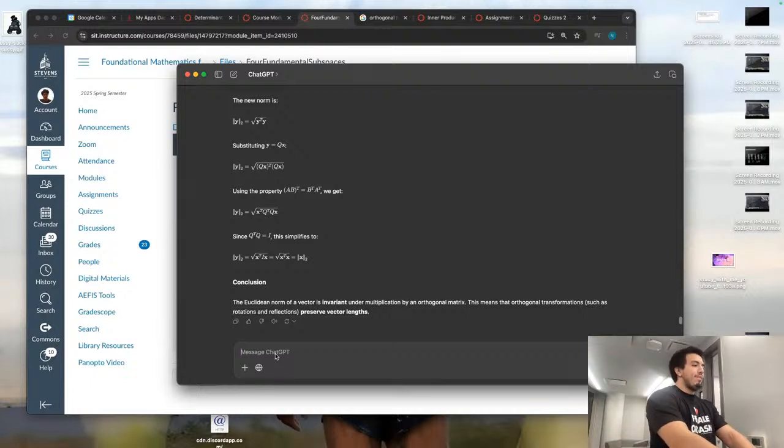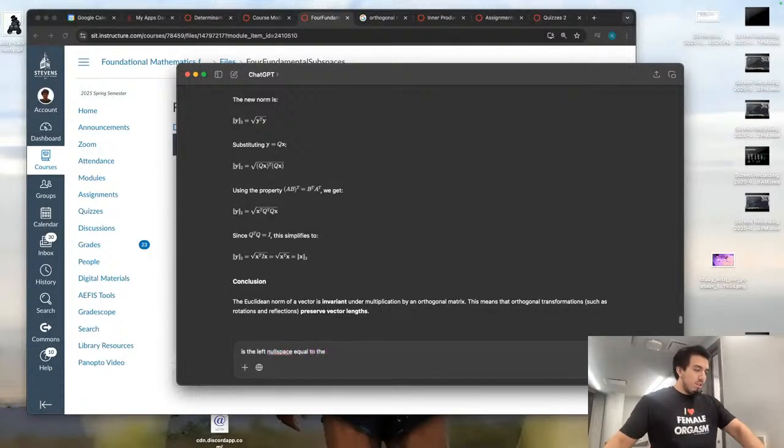Is the dimension of the left null space equal to the number of rows minus rank?